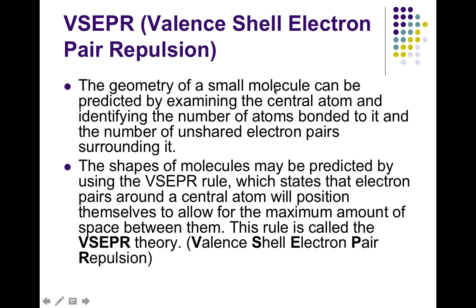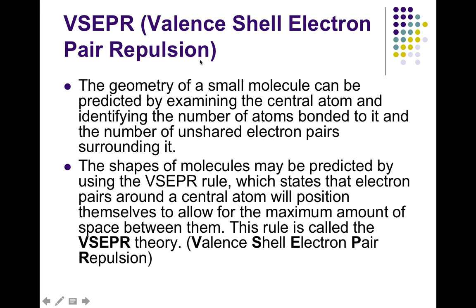So the geometry of a small molecule can be predicted by examining the central atom and identifying the number of atoms bonded to it and the number of unshared electron pairs surrounding it. The shape of molecules may be predicted by using this VSEPR rule, which states that electron pairs around a central atom will position themselves for the maximum amount of space between them.